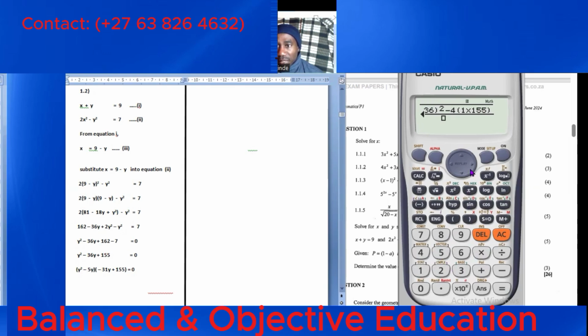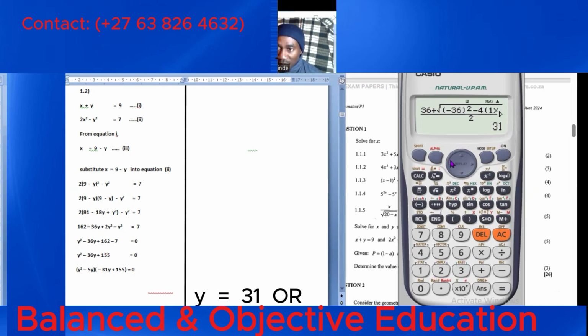Close the bracket, then use the down arrow to come down. Then we have 2 times A. That will be 2 times 1, which is 2. So the result of this will be 31. So that means that one of the values of Y is 31.